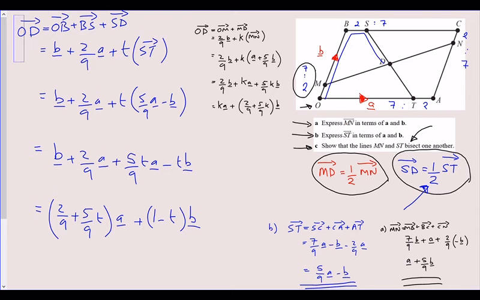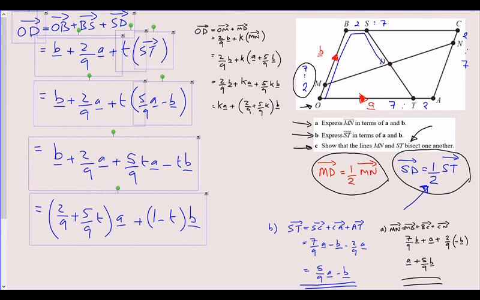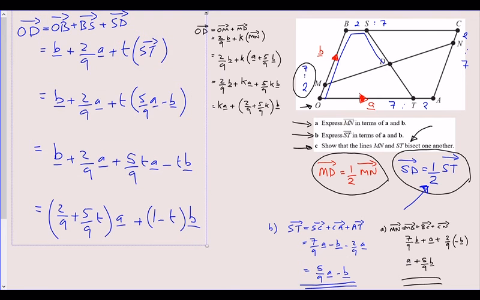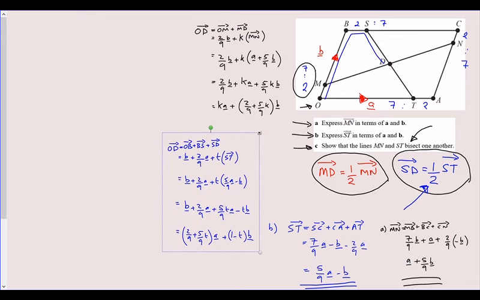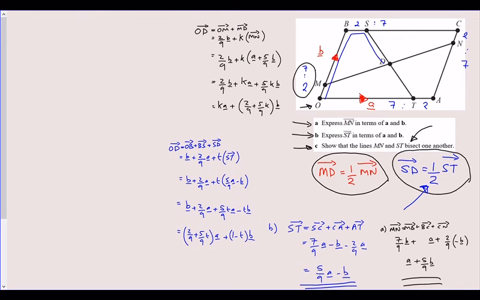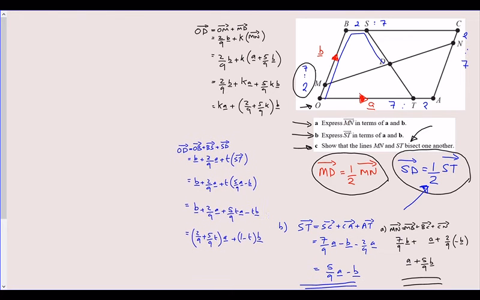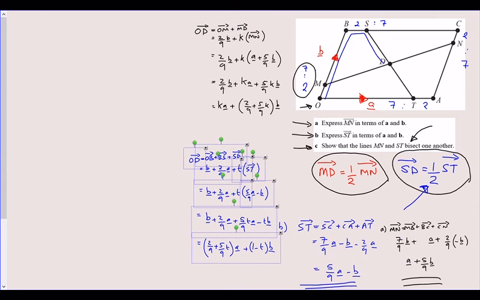So let's just reduce this down now, collecting the like terms. Like so, just put that to one side. Now, I've got the vector O to D from two different directions. Now I'm going to set them to be equal to each other.